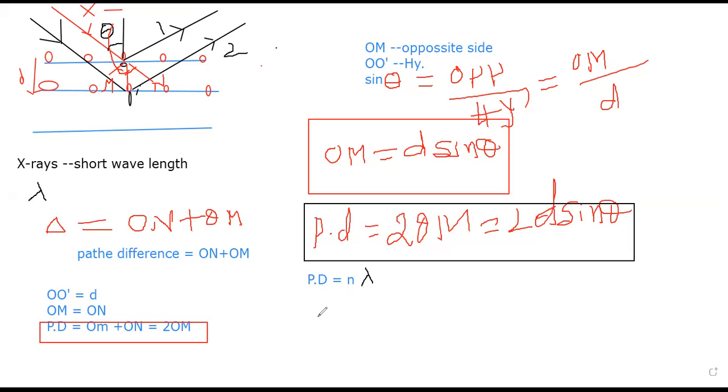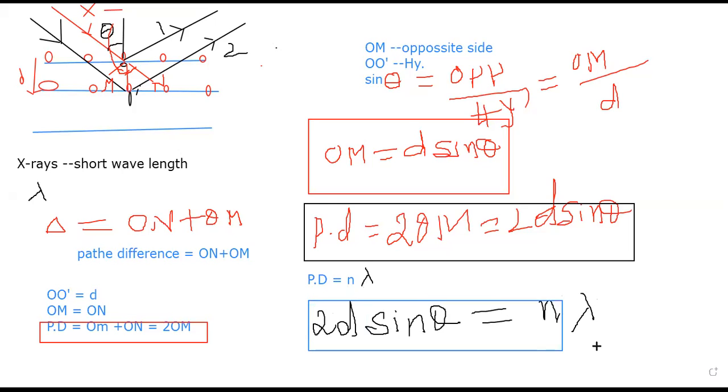So 2D sin theta equals n lambda. This is called Bragg's law, the Bragg's equation.